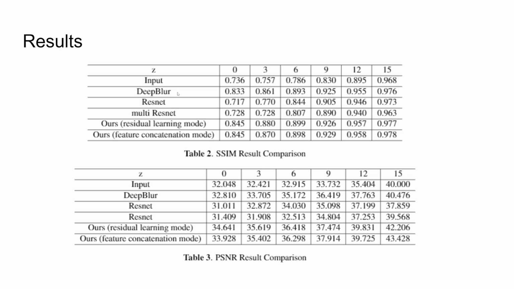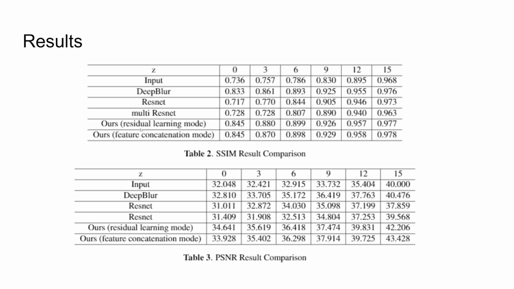This Deep Deblur is an existing model from someone else's paper that I found during my research, and this one was the original ResNet. I also tried multiple layers of ResNet instead of multiple layers of UNet, however the result was not as good as UNet, as you can see here, and so eventually my model has the best performance among all the others.